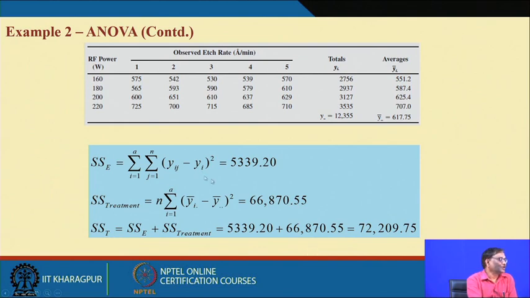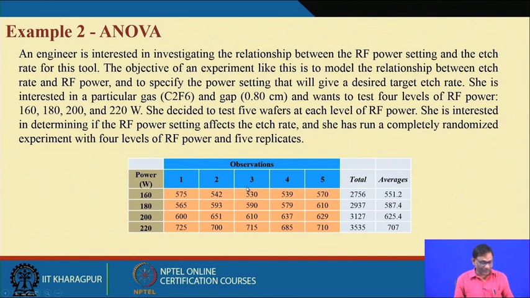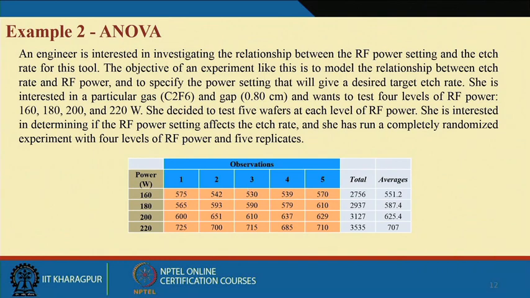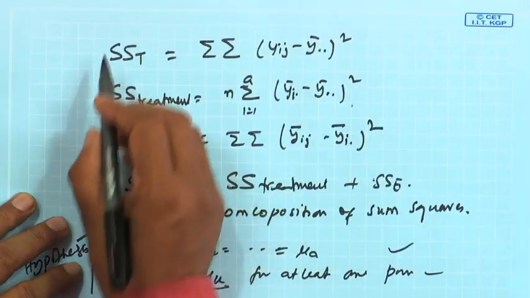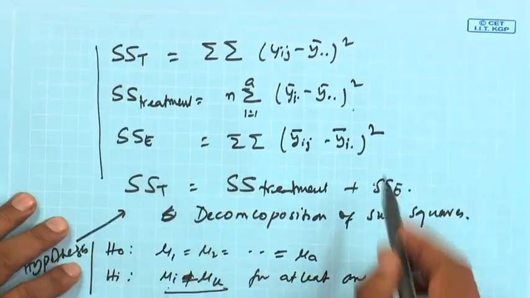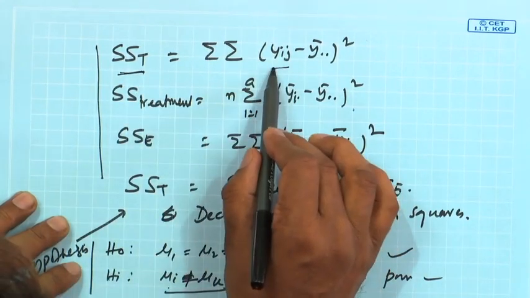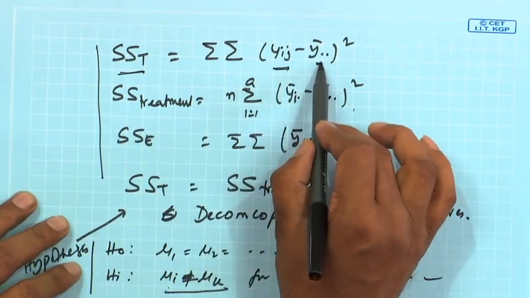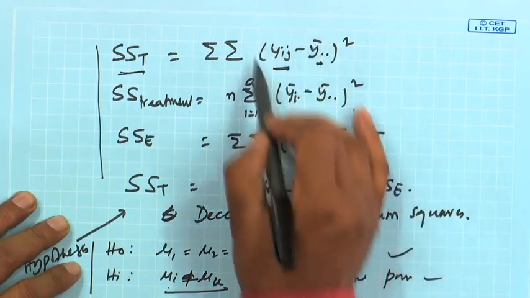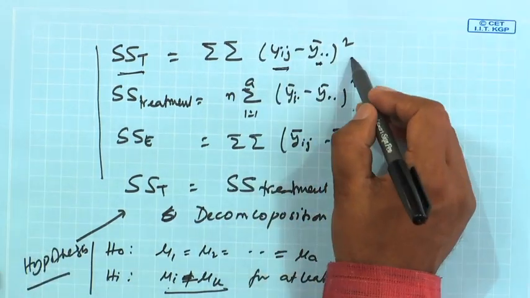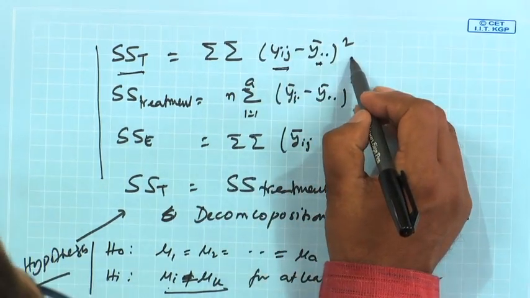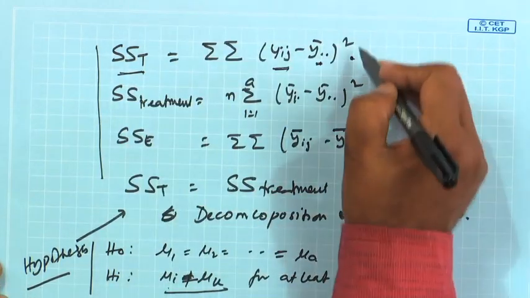Okay. So, let me tell you that there is a typographical mistake. Please follow this. When you are talking about SST, each observation is subtracted by the grand average, then that difference is squared and then overall summed.